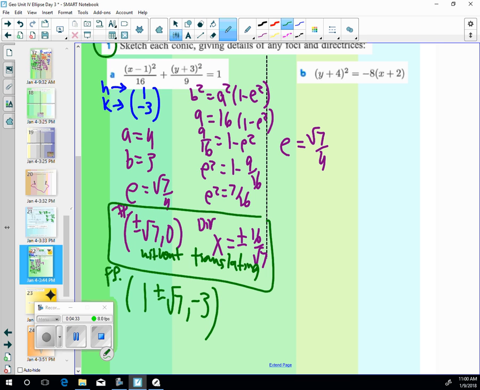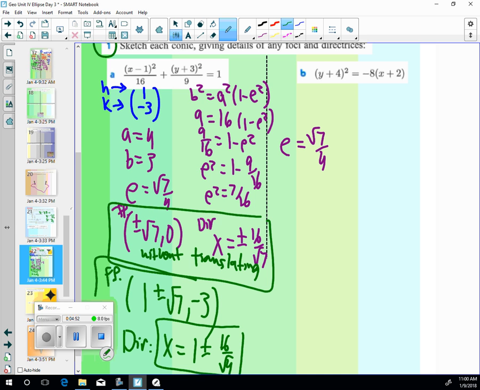Down 3. Good, good. The directrix is a little easier because we don't care about down, because that would just move the whole thing down, but we are going to have to say x is equal to 1 plus or minus 16 over the root of 7. So those are the values that we need for that one.